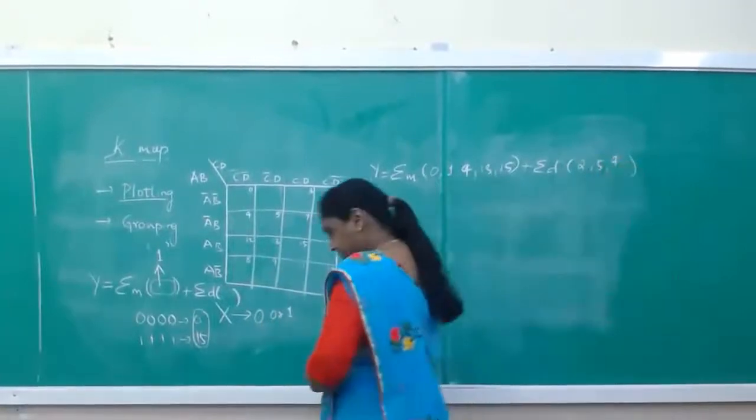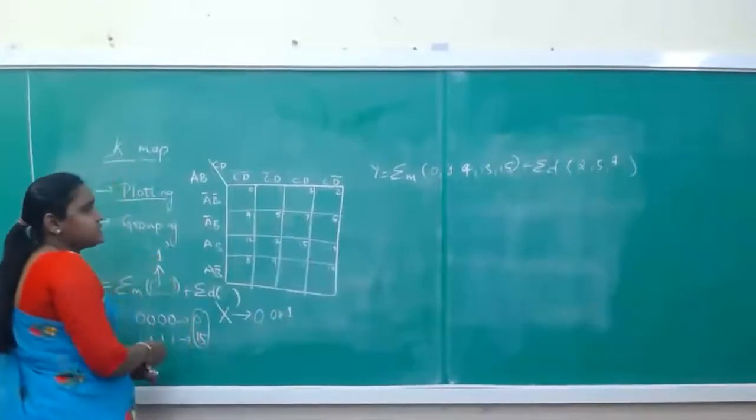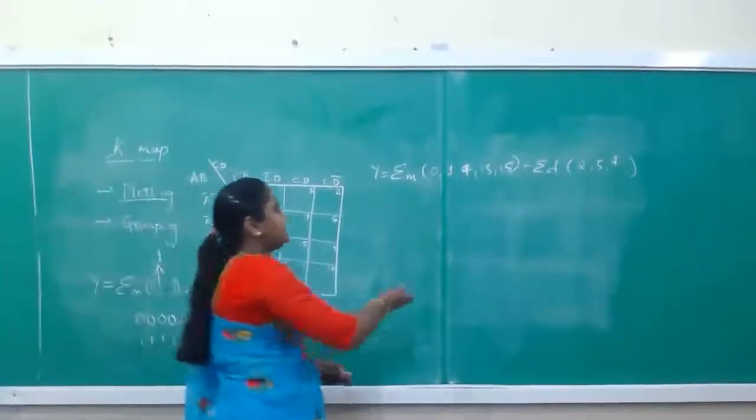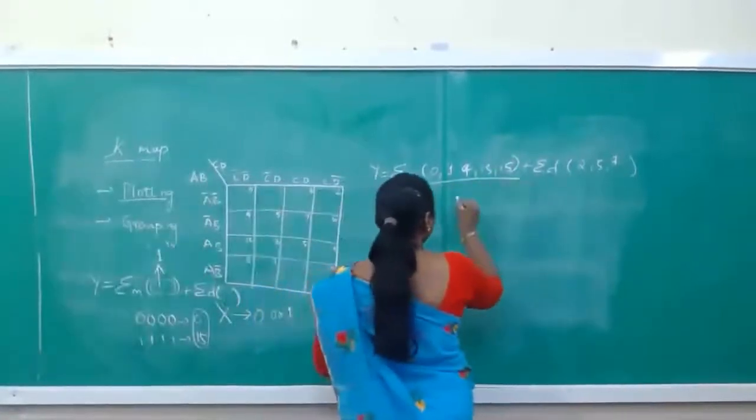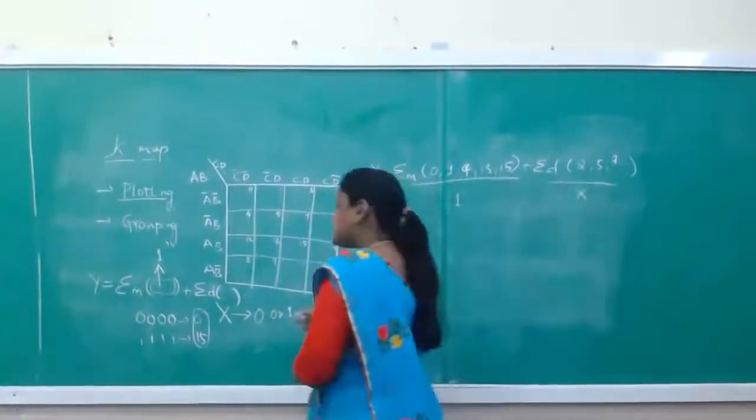So what I have told you, these are called min terms, and these should be entered as 1 inside the K-map, and these should be entered as X inside the K-map.